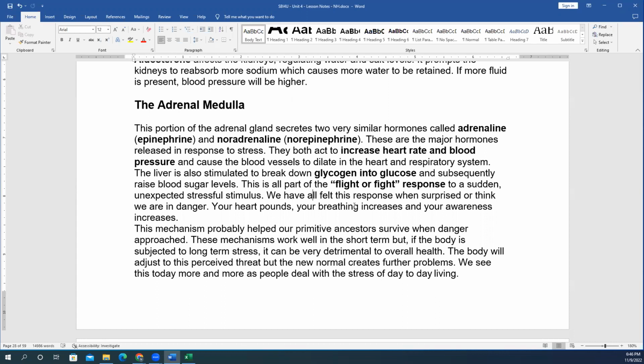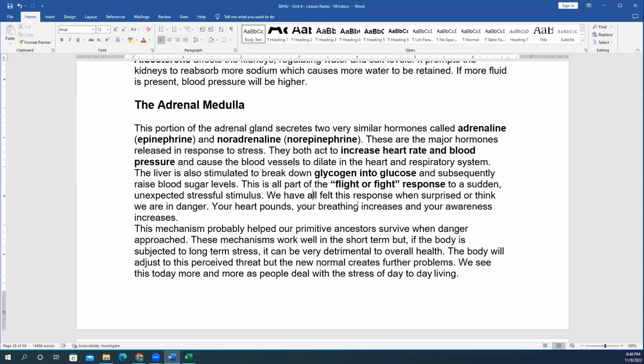unexpected, stressful stimuli. Sometime or another, we may have felt this response when we're suddenly surprised, or startled, or in danger, or scared. Our heart starts to pound, our breathing is increased, and also our awareness at that time is increased. We are hyper aware.